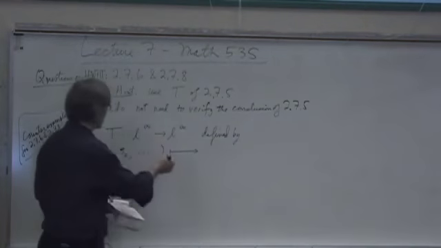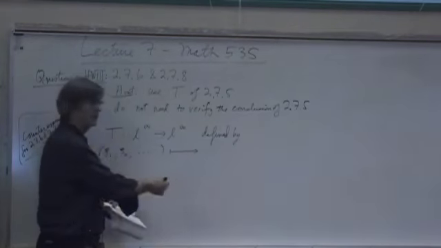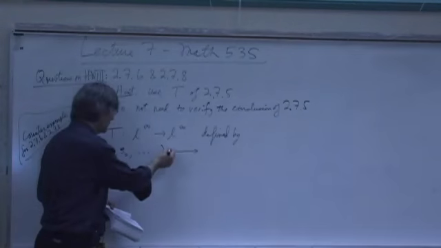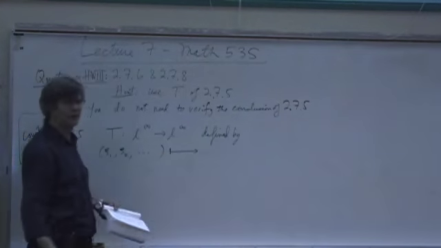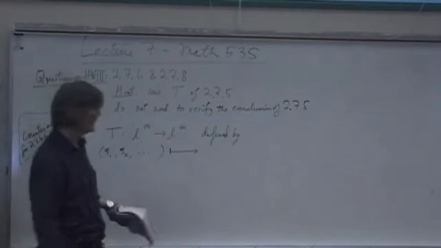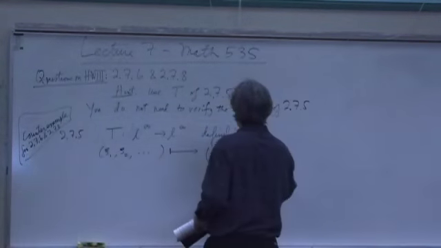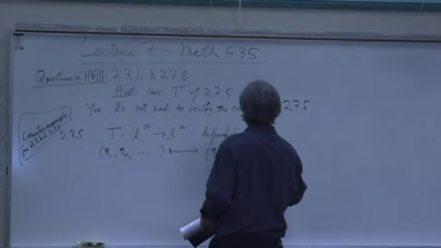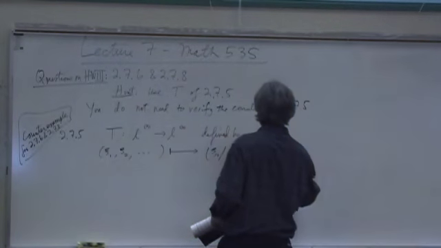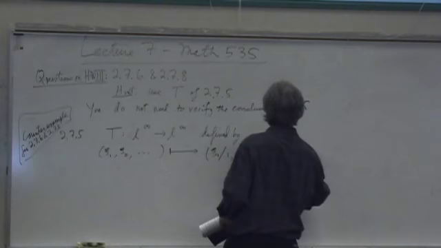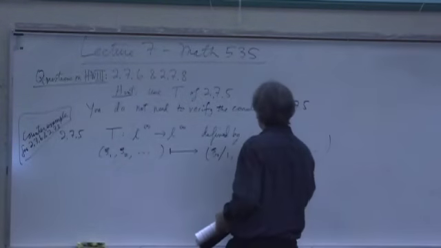This will be the notation for how an element goes to an element, this arrow with the little bar on the left side. It goes to C1 divided by 1, C2 divided by 2, C3 divided by 3, etc. Okay, so that's the mapping.